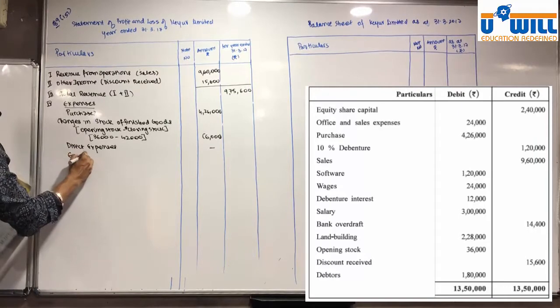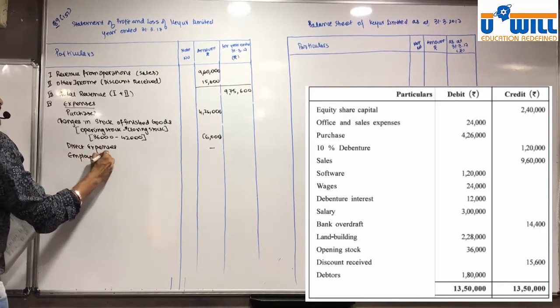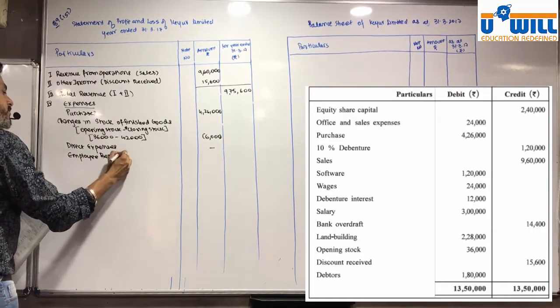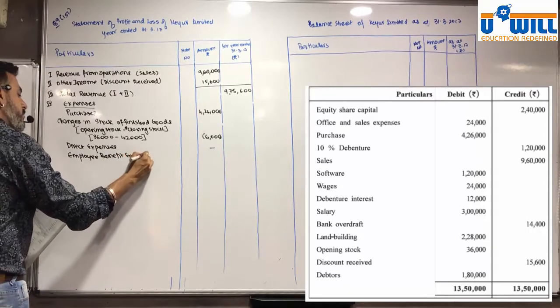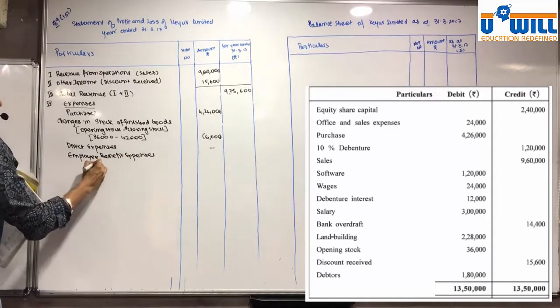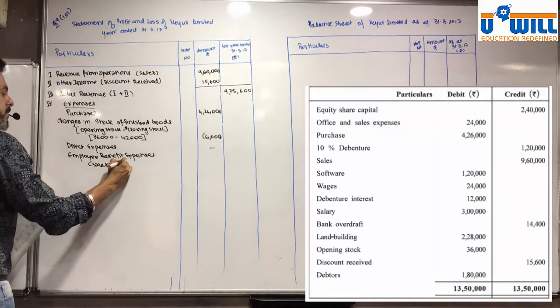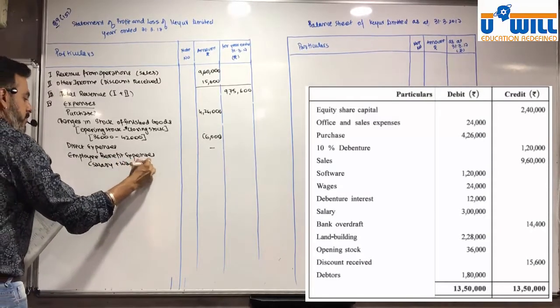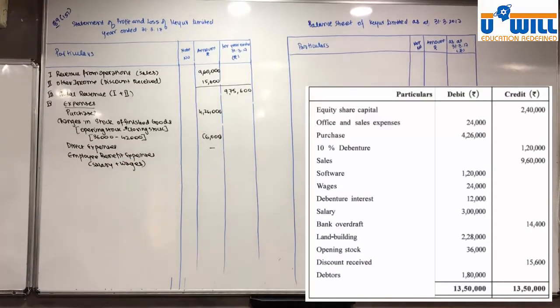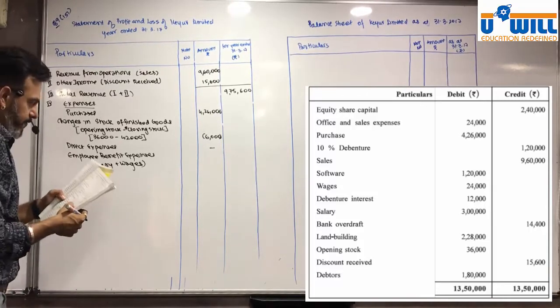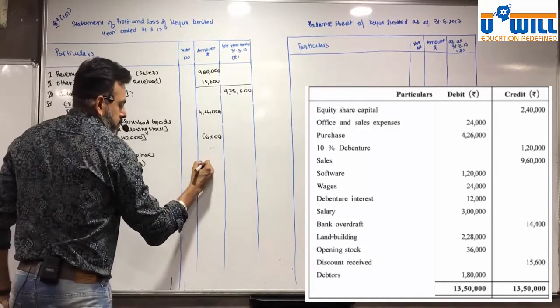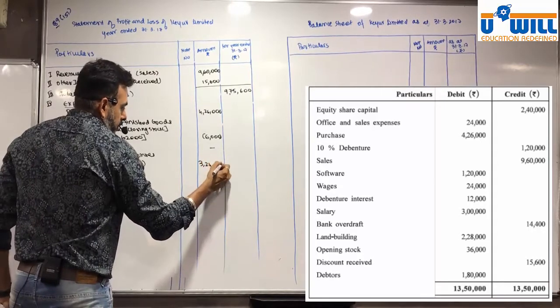Employee benefit expense, salary plus wages. Salary is 3 lakh and wages is 24,000. 3,24,000.